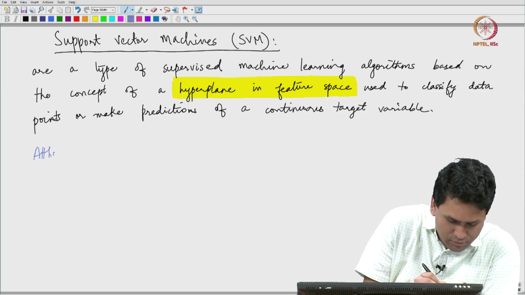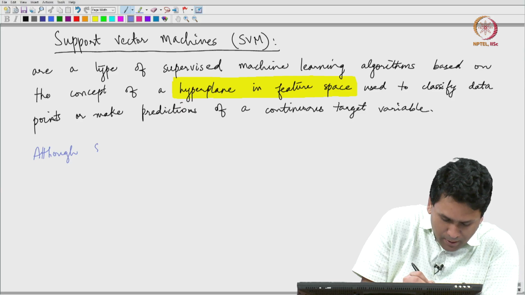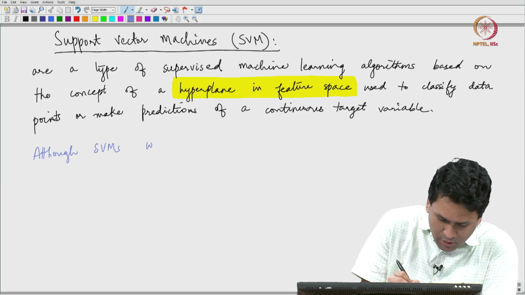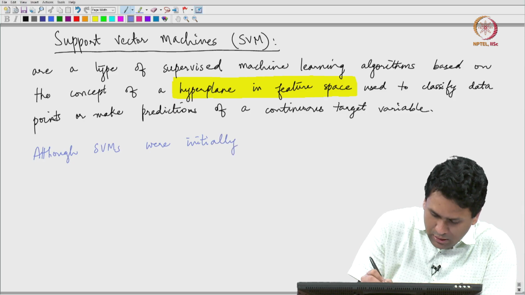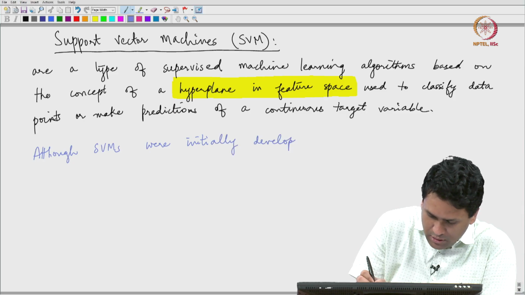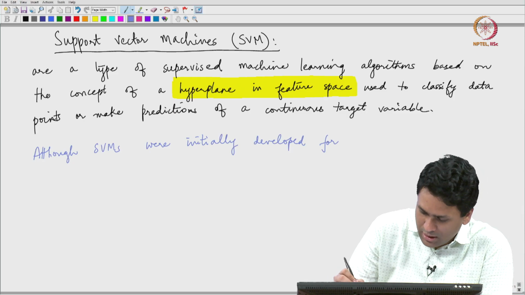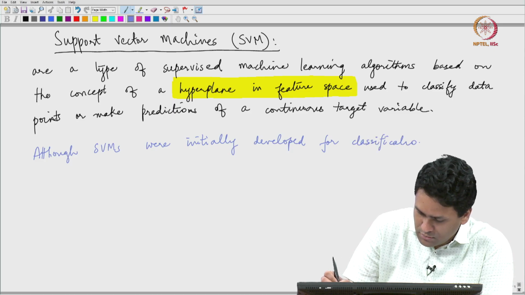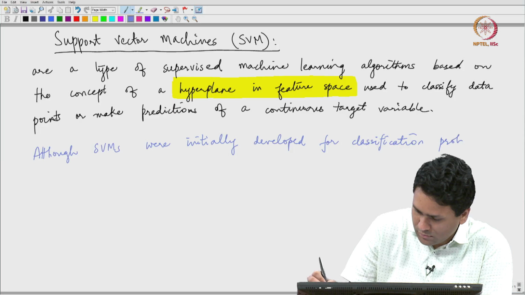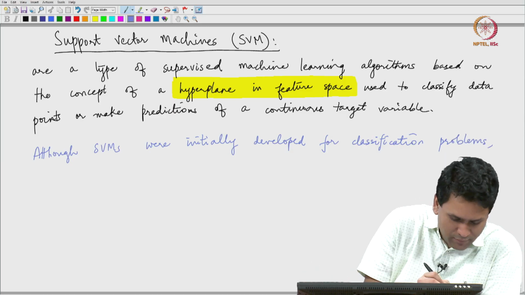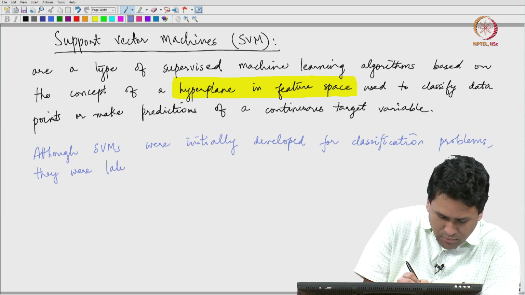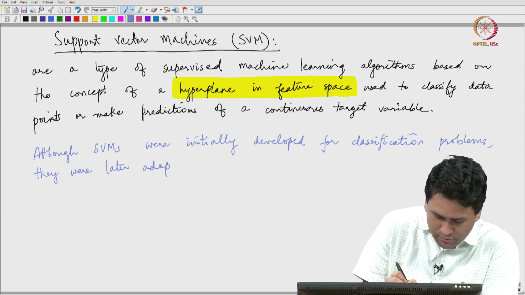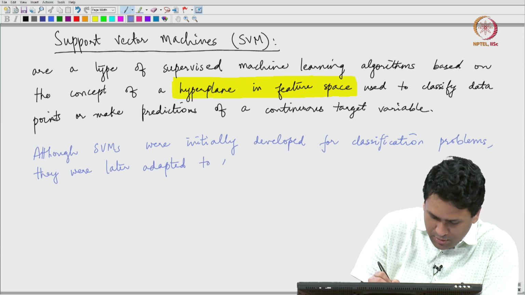So, although SVMs were initially developed for classification problems, they were later adapted to regression problems as well.